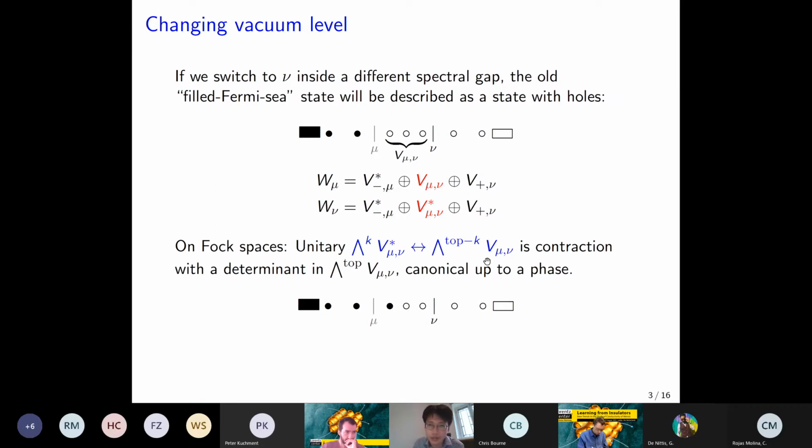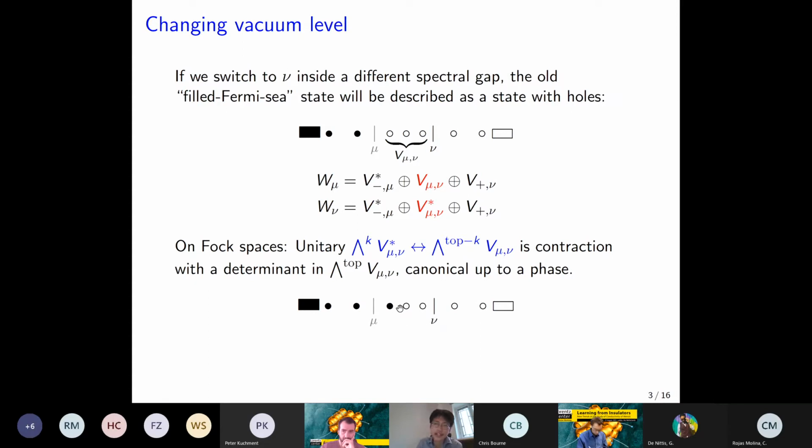It's canonical up to a phase, and the way you do this is to contract it with a choice of a determinant in the top exterior power of v mu nu. So you take a completely filled state and then you contract it with this dual. In practice, physically, if with respect to mu you had 1 filled state and 2 unfilled states, in this regime where you're switching the vacuum level, then when you switch the vacuum level to nu, you now have 2 holes.